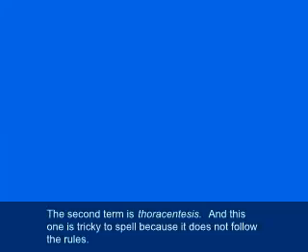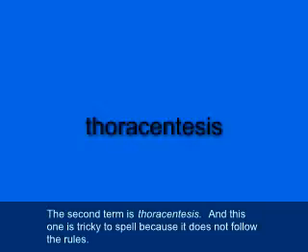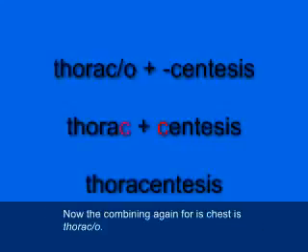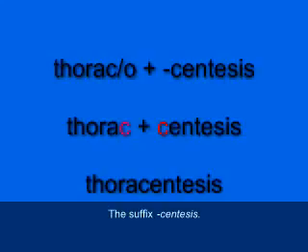The second term is thoracentesis. And this one is tricky to spell because it does not follow the rules. It's spelled T-H-O-R-A-C-E-N-T-E-S-I-S. Now, the combining form again for chest is thoraco, THORAC/O. The suffix centesis is C-E-N-T-E-S-I-S.